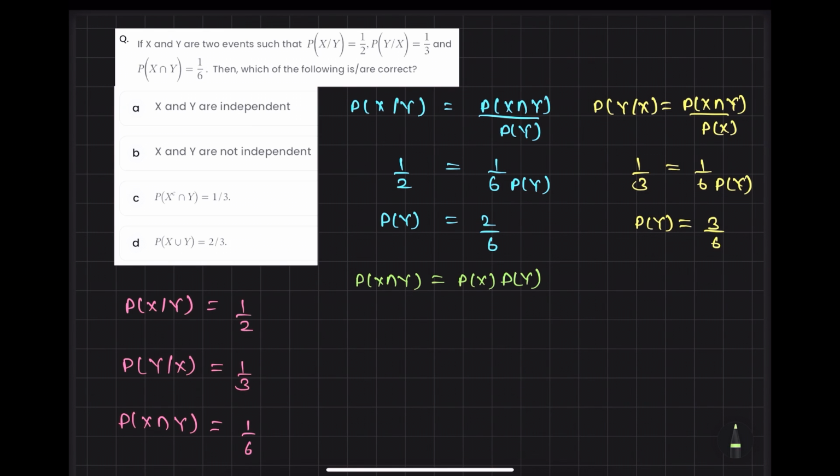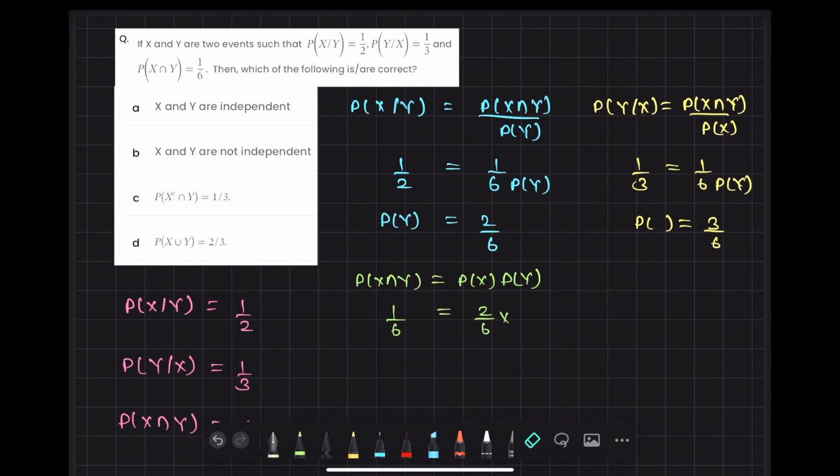So P of x intersection y is 1 by 6. P of x is what? Sorry, we wrote both cases wrong. Here we should write x.